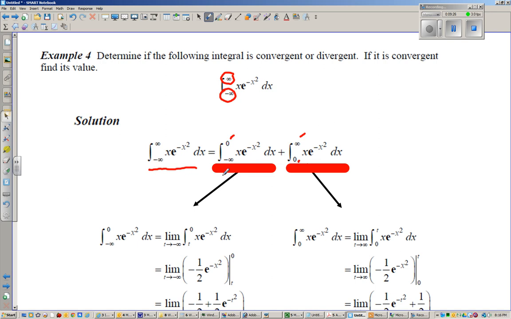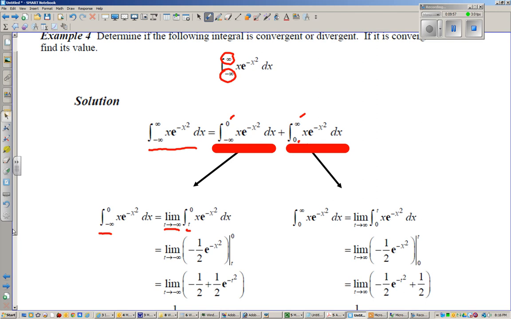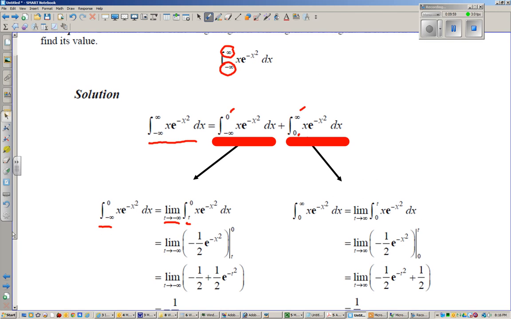So I've split them. On the left, I took this integral negative infinity to 0, and I rewrote it as a limit, t going to negative infinity, replaced t down below as my lower limit. I've evaluated the limit, and the limit happens to be negative 1/2 e to the negative 2x power.